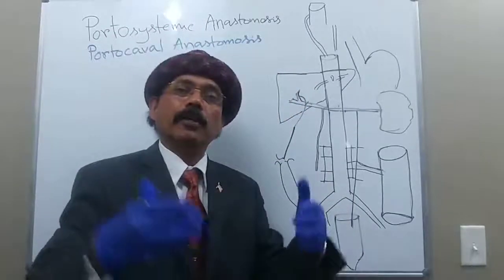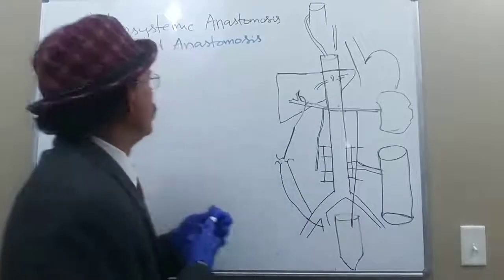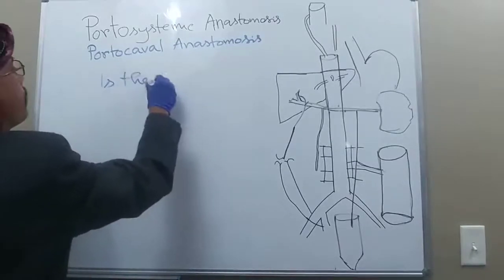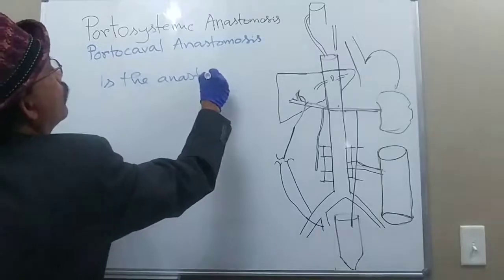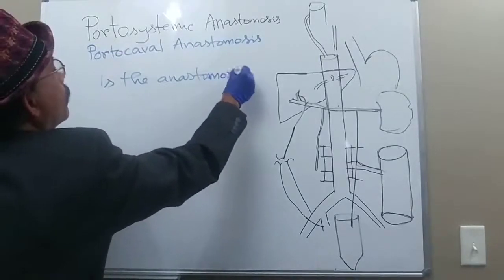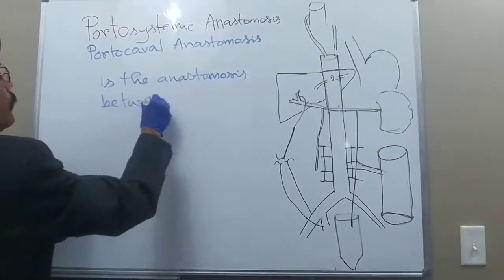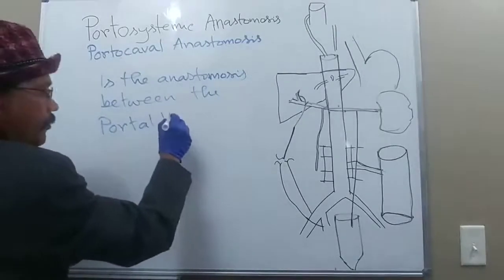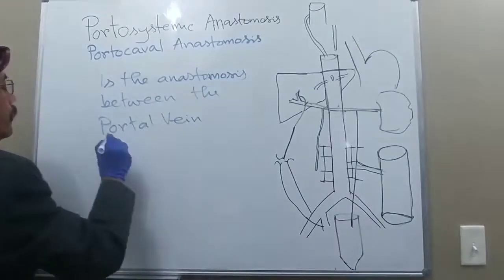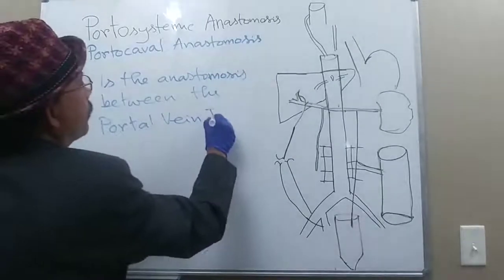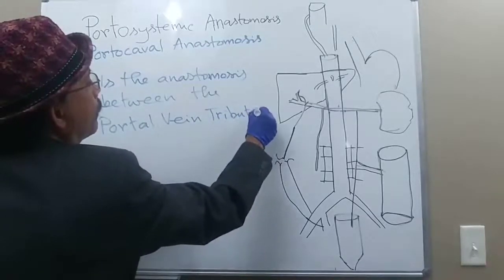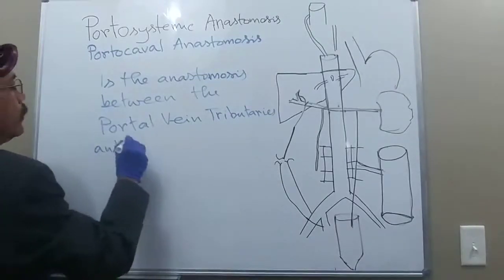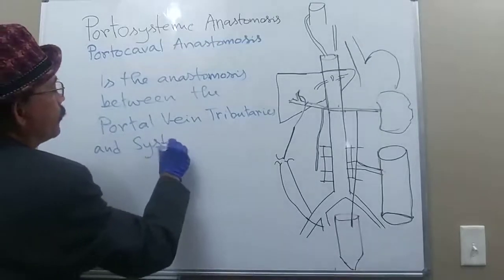Today I will discuss the sites of portosystemic anastomosis, also called portocaval anastomosis. This is the anastomosis, the connection between two blood vessels. The portosystemic anastomosis is the anastomosis between the portal vein or its tributaries, and the systemic vein tributaries.